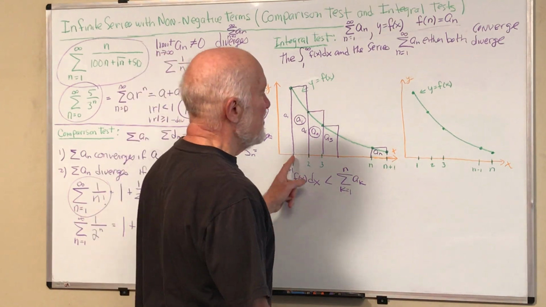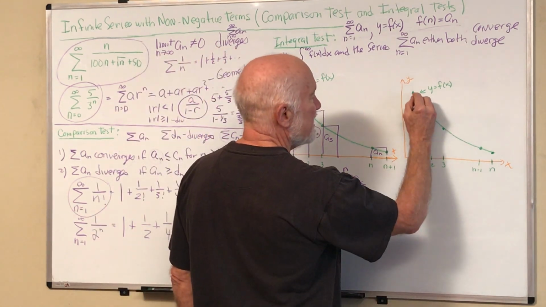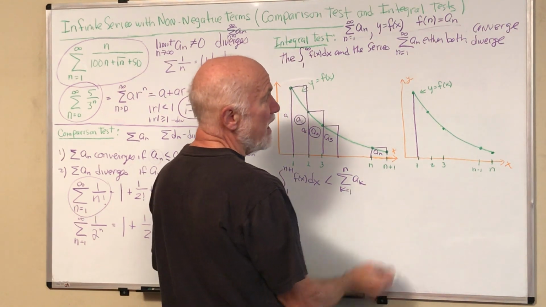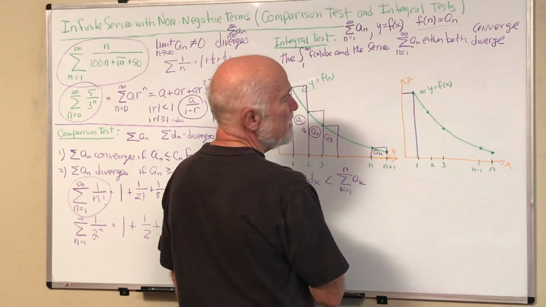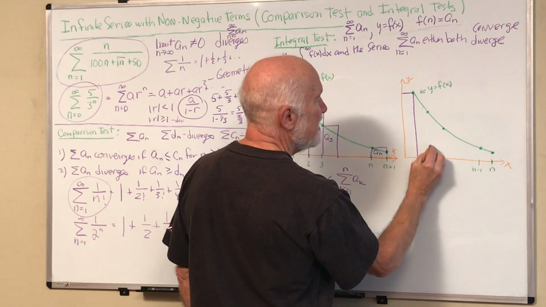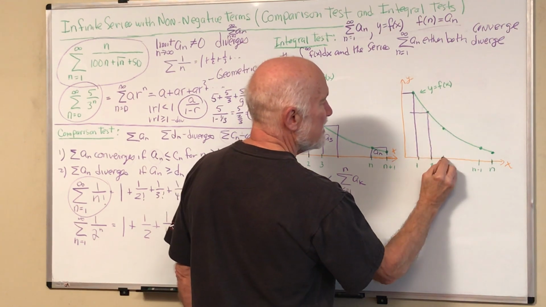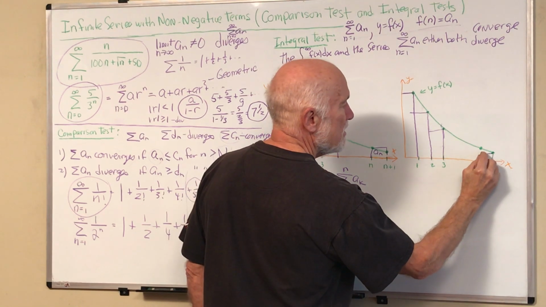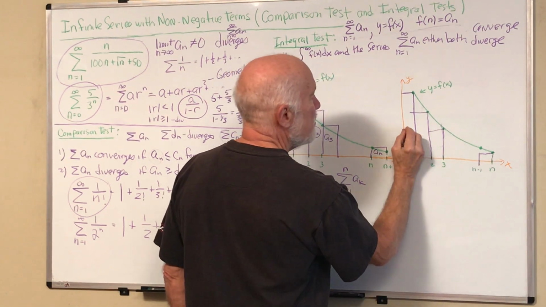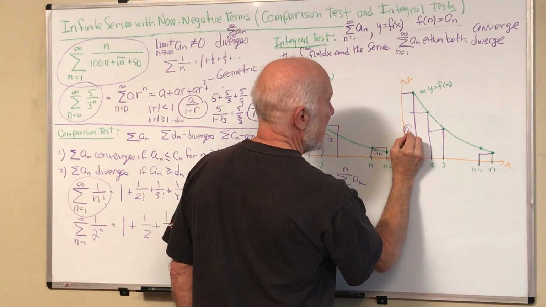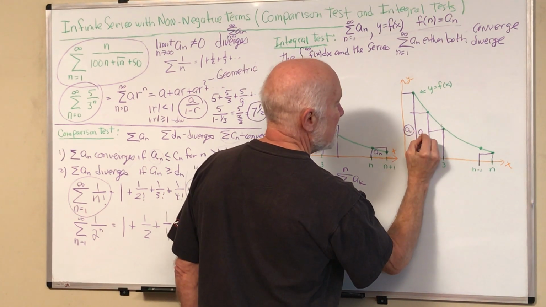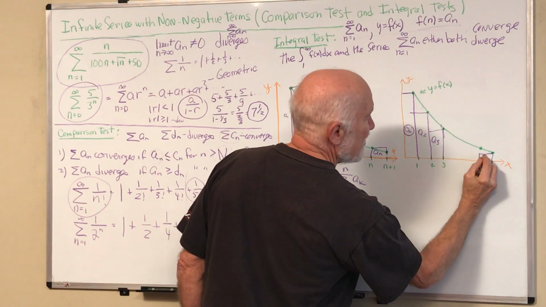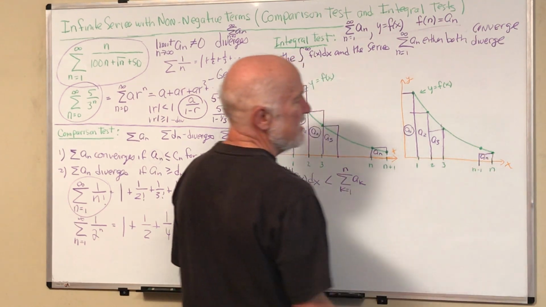Now, let's go over to this one and do it slightly different. That's still going to be a1, but now let's make the rectangles in the other direction. That's a sub 1, that's a sub 2, a sub 3, and this last one is a sub n.